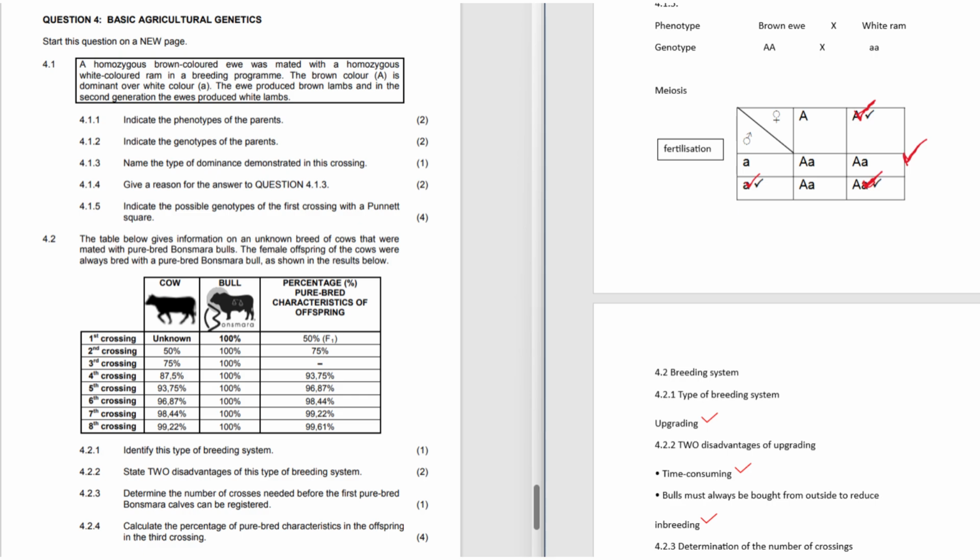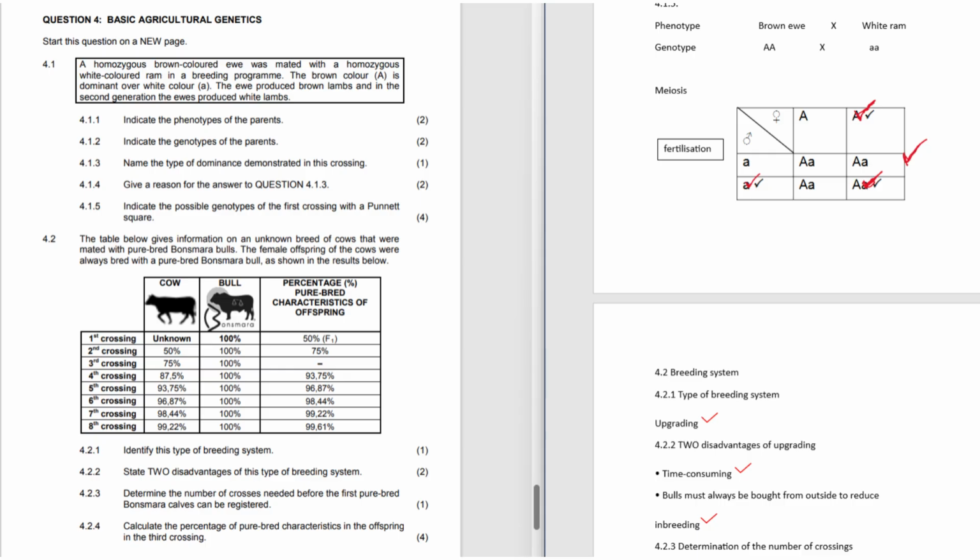Then the ram has small letters aa, which is the homozygous recessive allele.